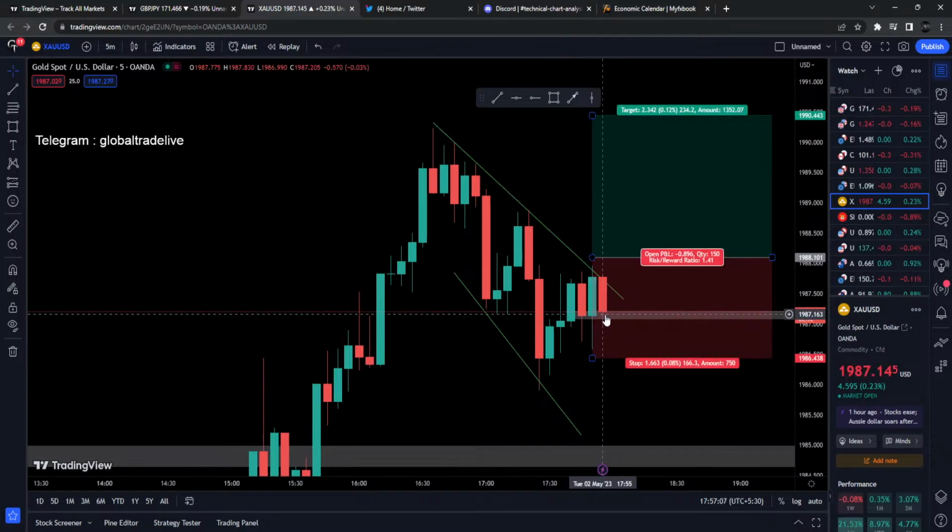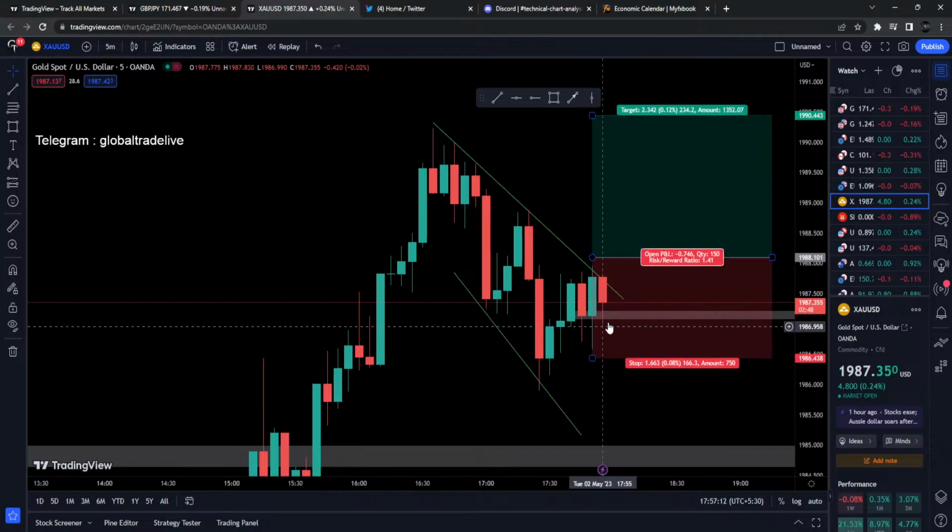So let's see if it can really break its own support formed just now or not.